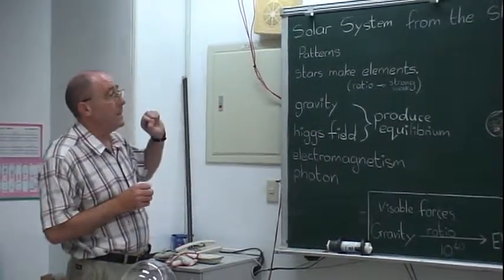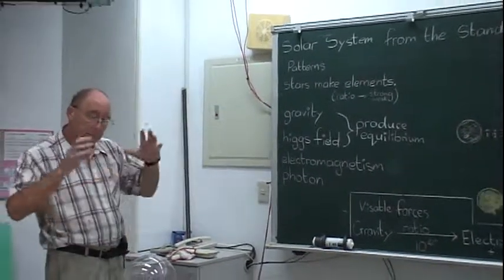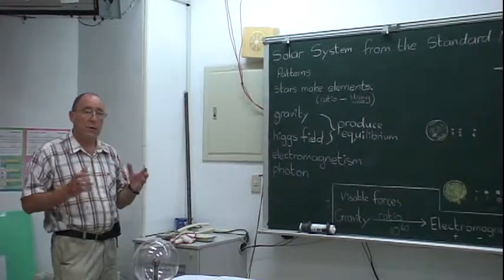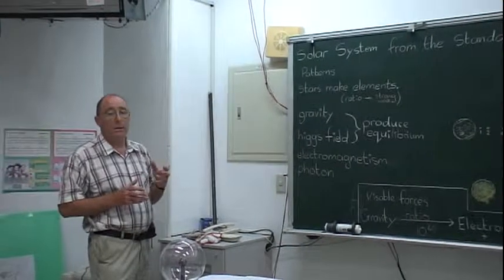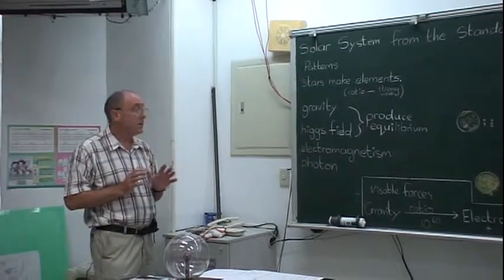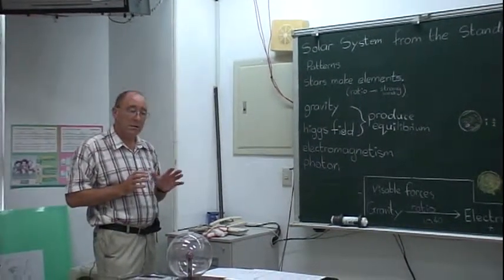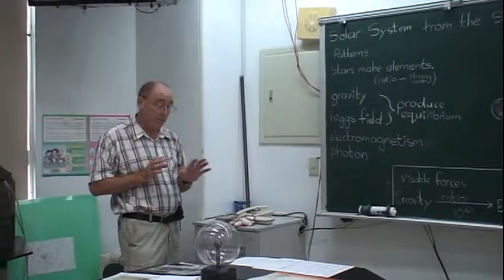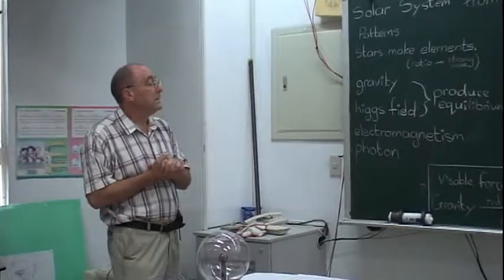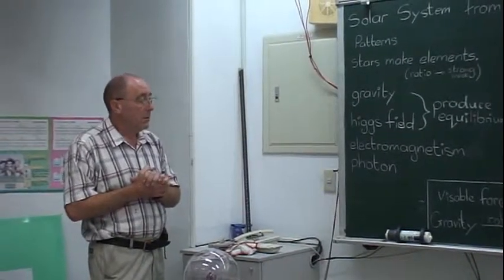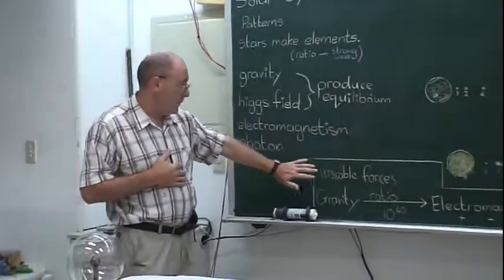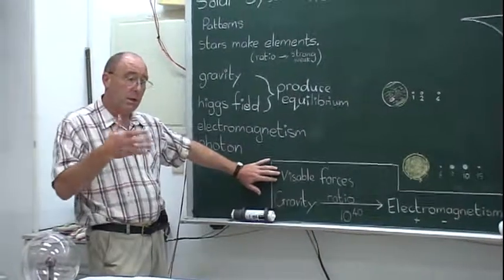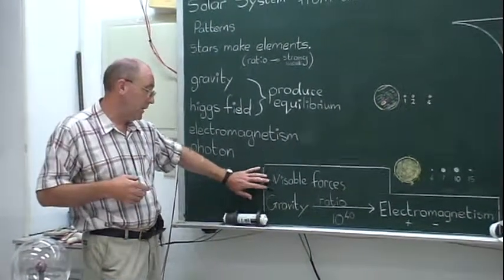Now, let's start with the solar system. I need to make a solar system just using hydrogen, and that means I've got no elements, there's no stars, no bits of rubble lying around, nothing, just hydrogen. Now, we looked at this in lecture 1, the visible forces, the forces that we could relate to because we see them all the time.